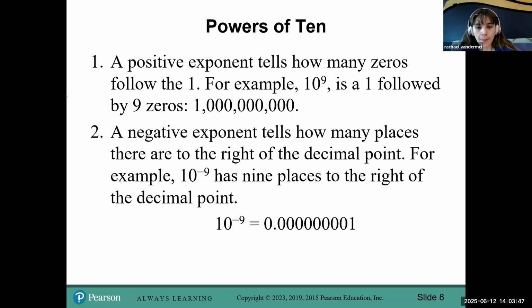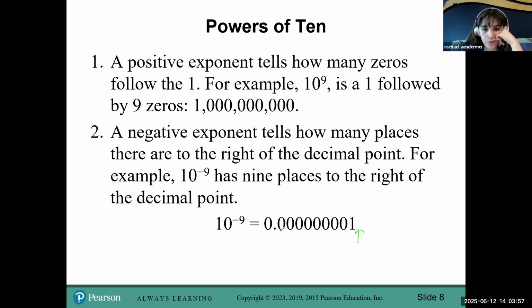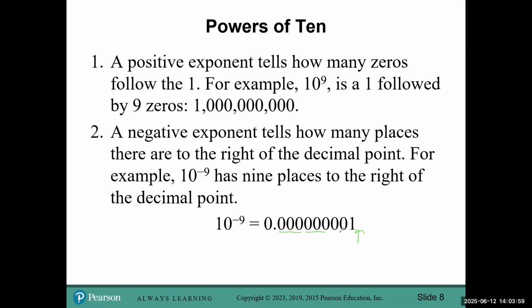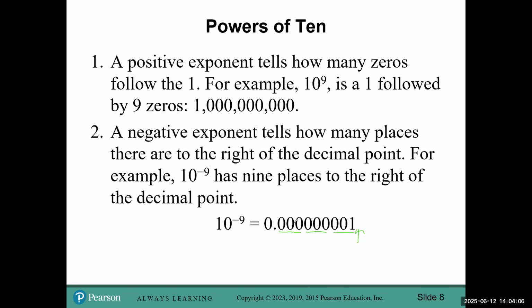For negative exponents, it's similar, except we think about if the decimal point was here instead of over here, there should be 9 digits in between: 3, 6, 9 digits. So 10 to the negative ninth is point, and then all of those digits. So that helps me to understand those powers of 10.